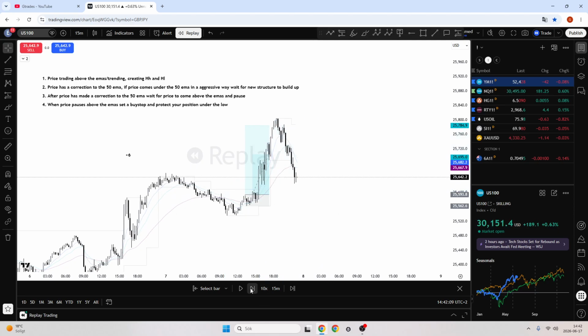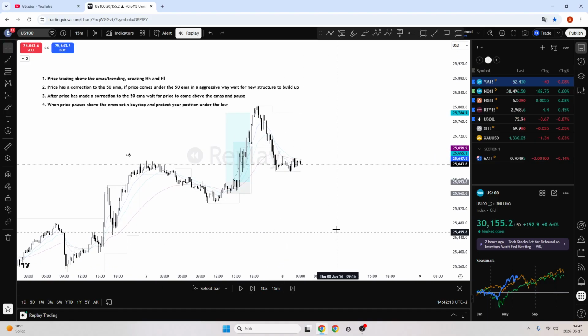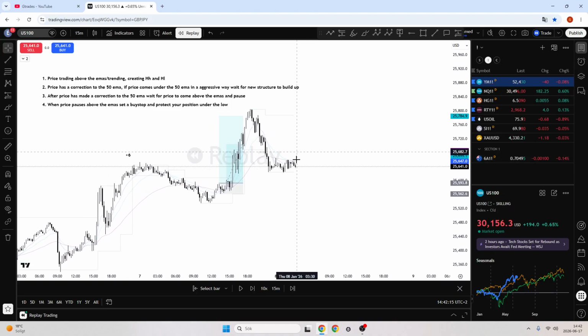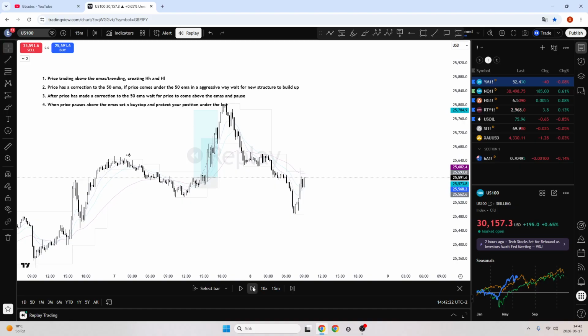Market flushes down to the 50 EMA. Now all we are waiting for is price to come a little bit above. So now we wait for new structure. This price is not holding onto the EMAs.